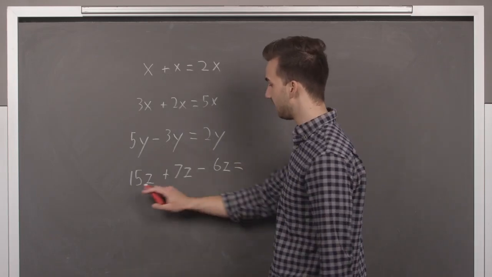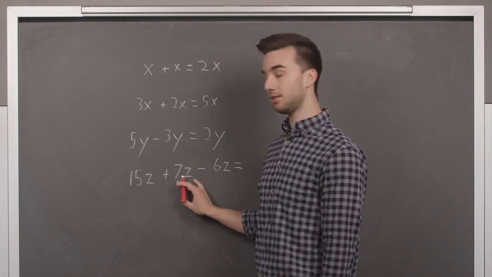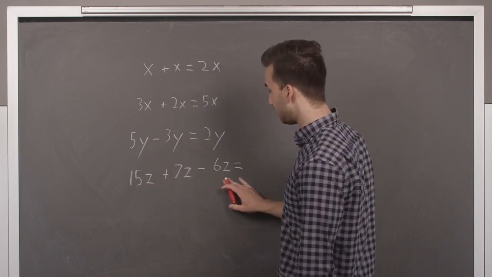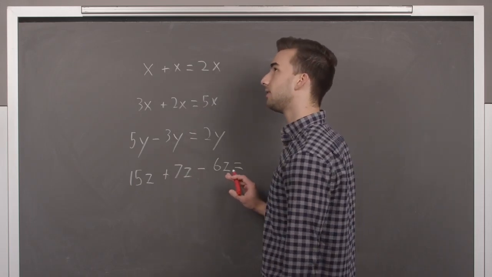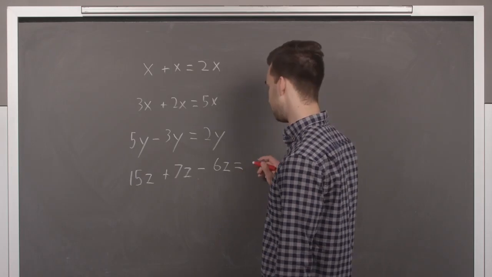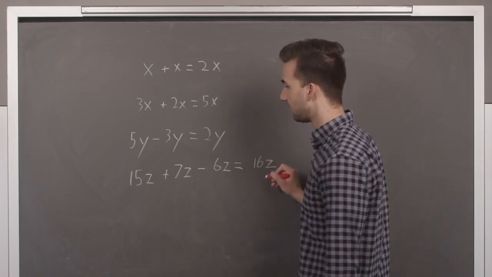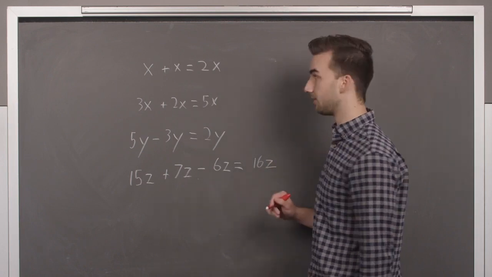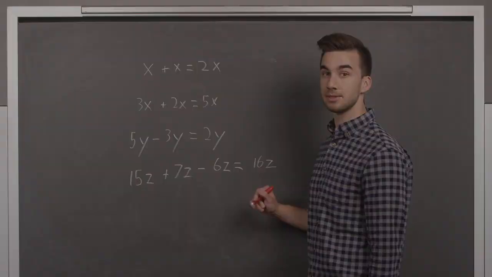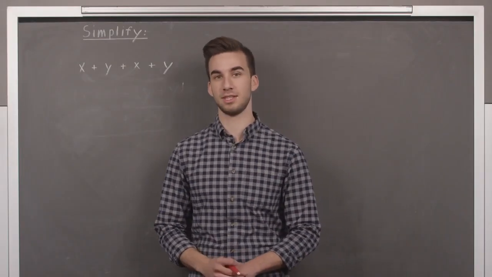So if we have 15 z's and we're adding 7 z's, that gives us 22. And then 22 z's minus 6 z's gives us 16z. And so as you can see, we can add and subtract variables just like we would add and subtract real numbers. But what do we do when we have more than one variable?